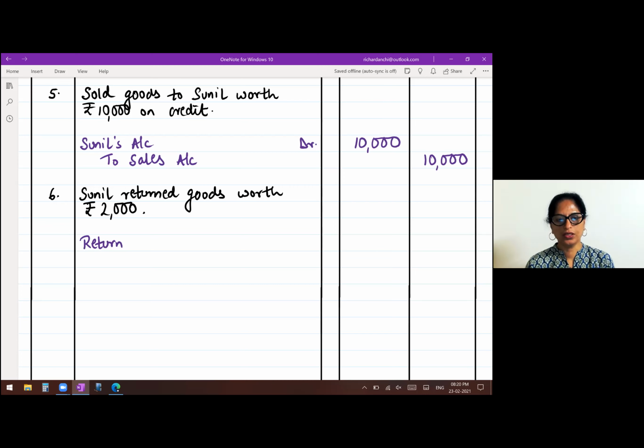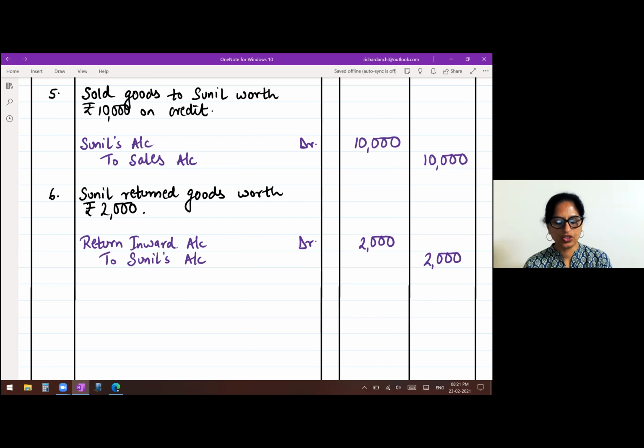Return inward account debit 2,000 is also called as sales return. It has two names, so you can use sales return or return inward. To Sunil's account 2,000.